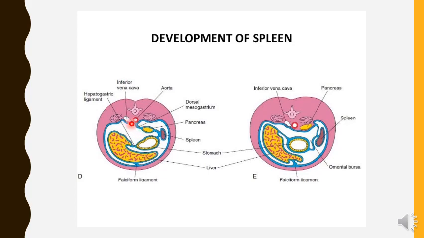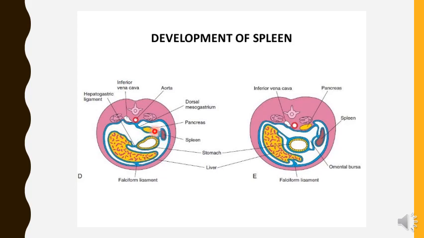In this dorsal mesogastrium, under cover of its left layer, the spleen is developed as lobulated masses from the mesoderm, and all the lobulated masses fuse to form a single organ. The notches of the superior border of the spleen indicate the lobulated development of the organ. And when the stomach rotates, the spleen is pushed towards the left side.